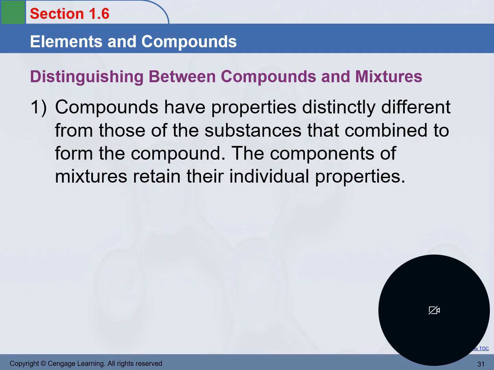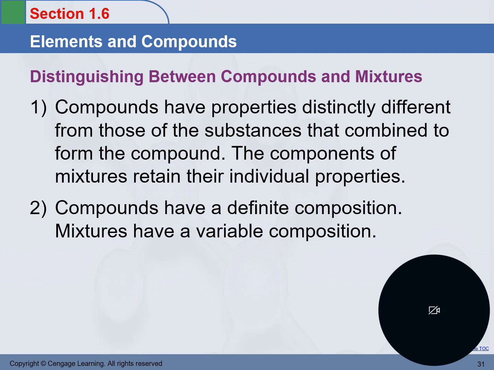Here's a good review to distinguish between compounds and mixtures. Compounds have properties distinctly different than those of the substances that are combined to form that particular compound. The components of a mixture retain their properties. You can taste the salt in the water even though you've mixed them together. Compounds have a definite composition.